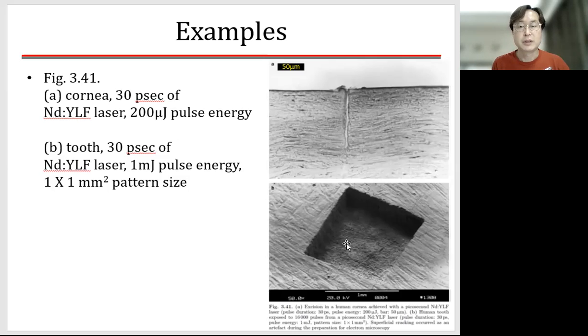At the bottom, it shows the tooth, with the 30 picosecond neodymium YLF laser with 1 millijoule of pulse energy, which is 5 times higher than the top. And then it cut a 1 by 1 millimeter square area with the pattern size.